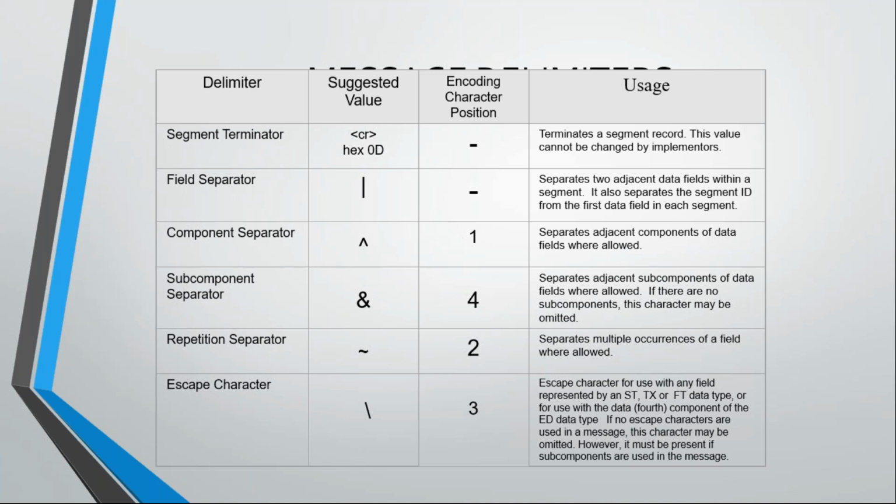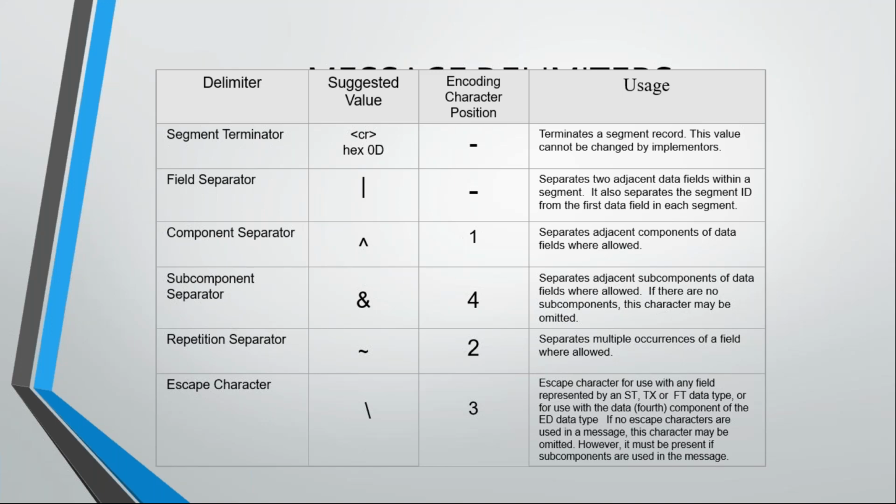Next, we have the field separator. The field separator is going to separate the compartments. As I said in the example before, we have fields within segments, and each of these fields has to be separated with something. For example, in a sentence, if you have to separate two words, you have a space.